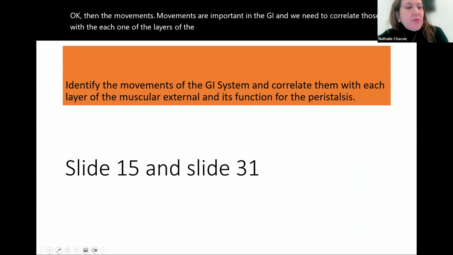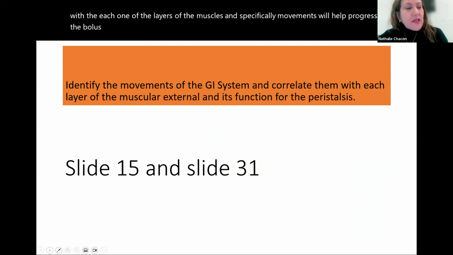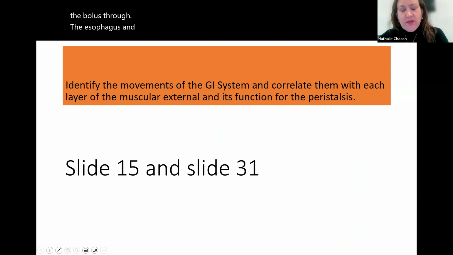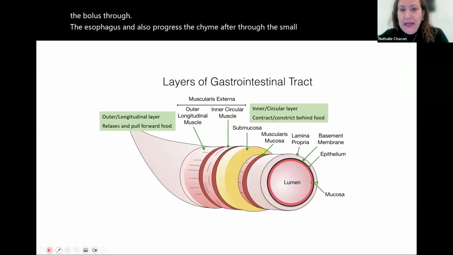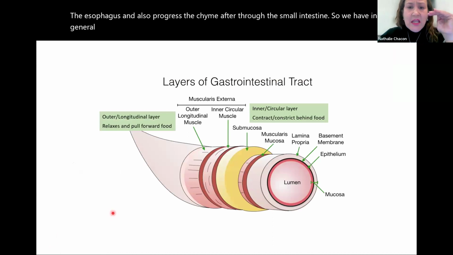Specifically, movements will help progress the bolus through the esophagus and also progress the chyme afterwards through the small intestine.